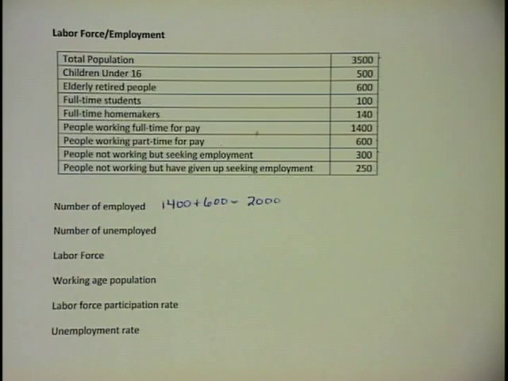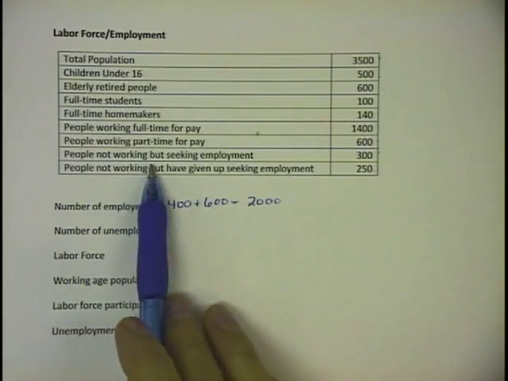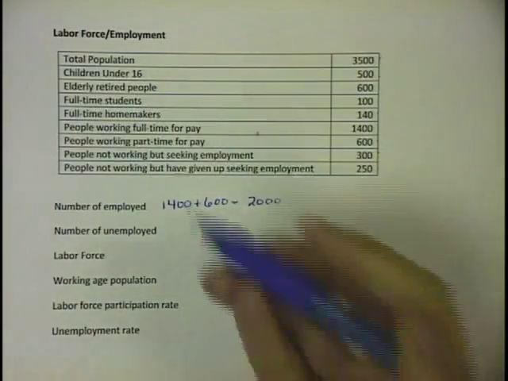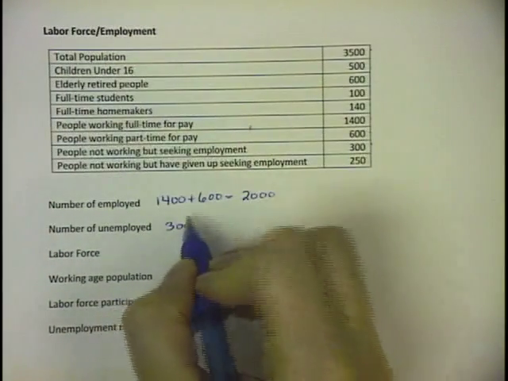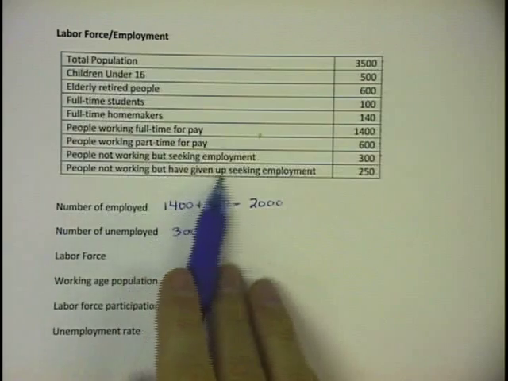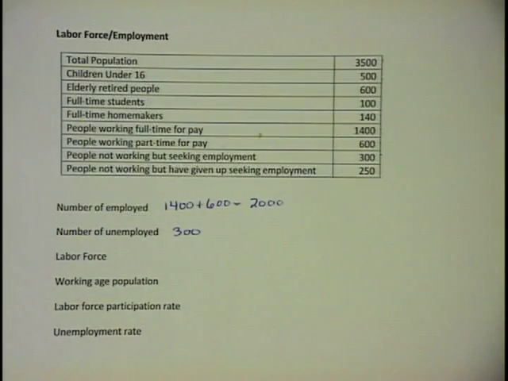Okay, now the unemployed are going to be those that don't have a job but are seeking employment. Okay, so the people not working but seeking employment would be the 300. Those that are not working but have given up seeking employment are not considered to be unemployed. They might want a job, but unless they're looking for a job actively, they are not considered.